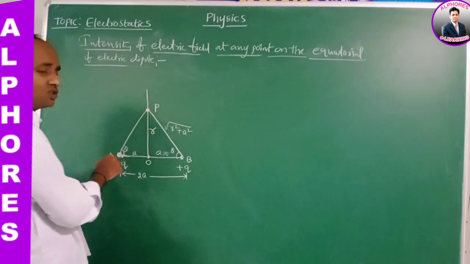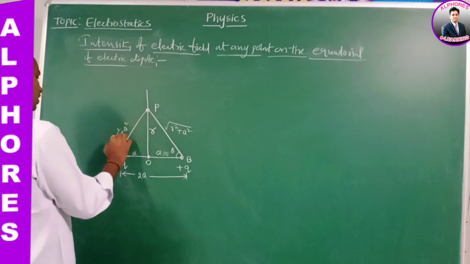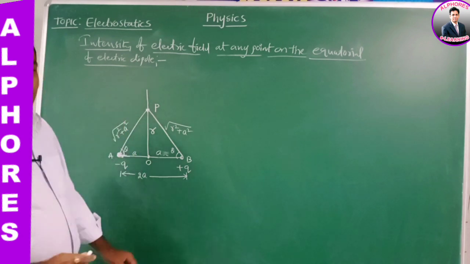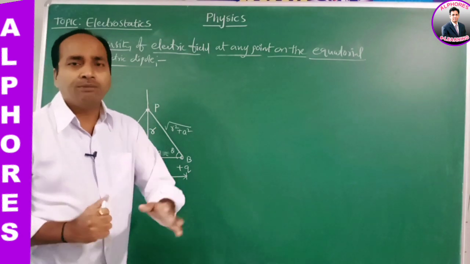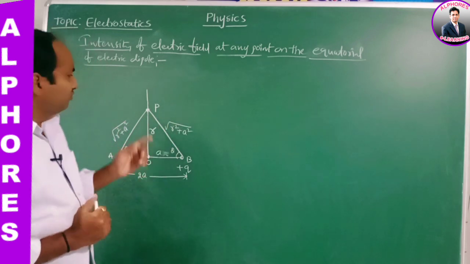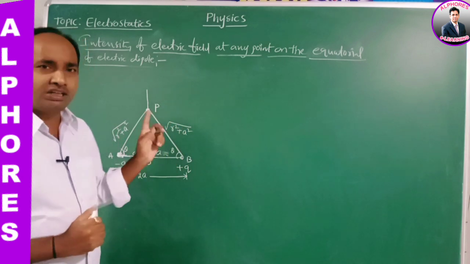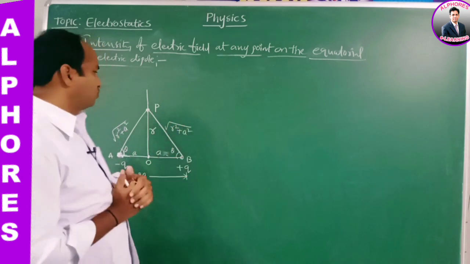Similarly here also the same value, under root of r square plus a square. Not only here, you may take any point on the equatorial line, which is equidistant from the points A and B, that is from the negative charge and the positive charge.